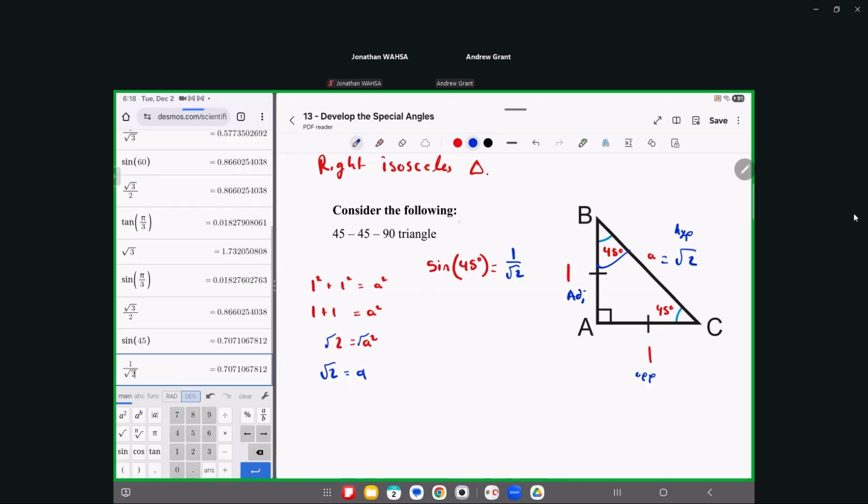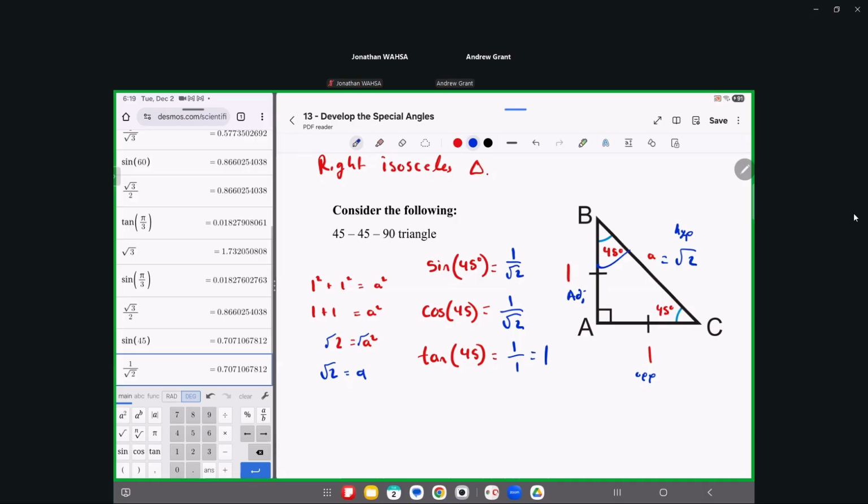This is also true if I were to type in cos of 45 degrees. Cos of 45 would be the adjacent over the hypotenuse, which would again be 1 over the square root of 2. And if I were interested in tan of 45, it would be the opposite over the adjacent, which is going to be 1 over 1, which is 1.